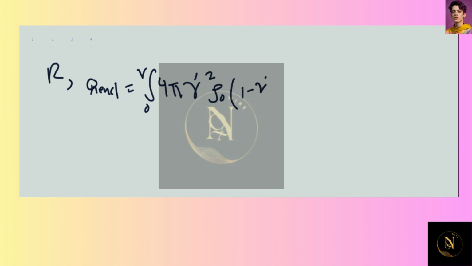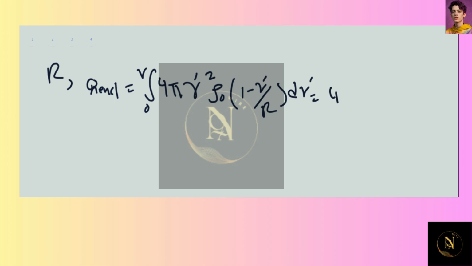Then we calculate the charge enclosed and use the same technique as we used in part A, except to integrate dq up to small r rather than capital R. So Q enclosed will be the integration from 0 to r of 4 pi r dash squared rho naught times 1 minus r dash divided by R times dr dash.